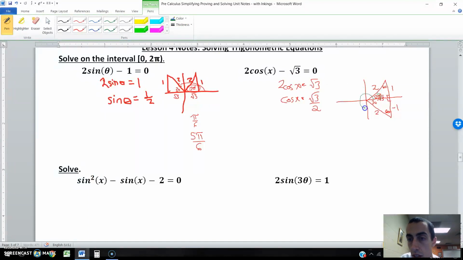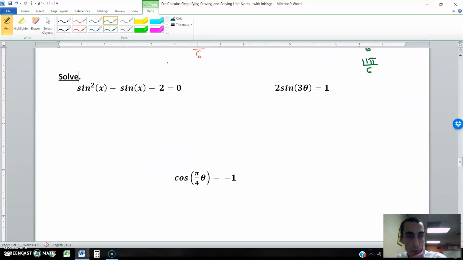And then here, we've got a 360 minus 30, which would be 330 degrees. So our two angles then would be 30 degrees, just pi over 6, and then 330 degrees. Change that into radians, you get 11 pi over 6. So those are the only two solutions from 0 degrees up to 2 pi, which is 360 degrees.